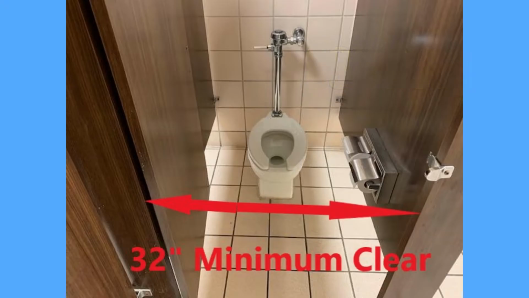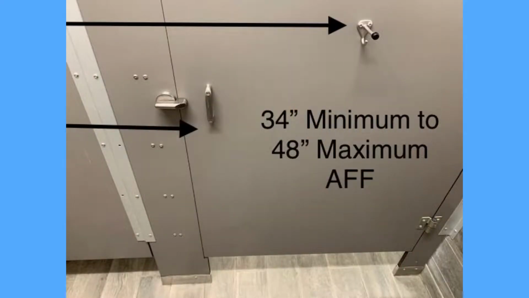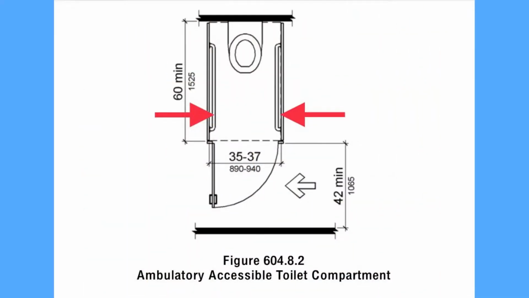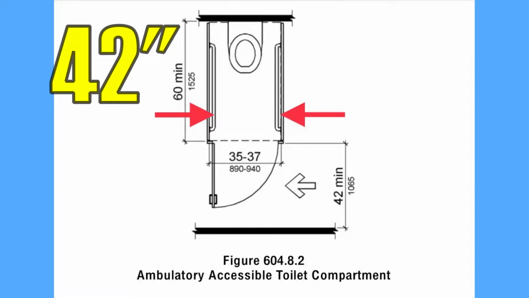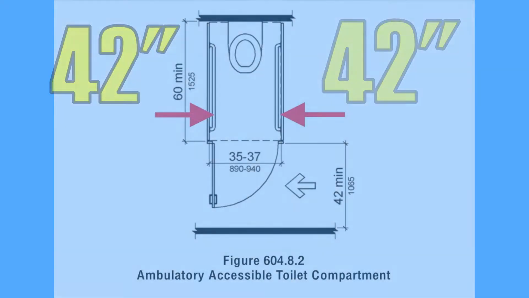The compartment door must also comply with the requirements for clear door width, hardware, and clear floor space for maneuverability. A sidewall grab bar 42 inches long shall be provided on both sides of the ambulatory compartment.